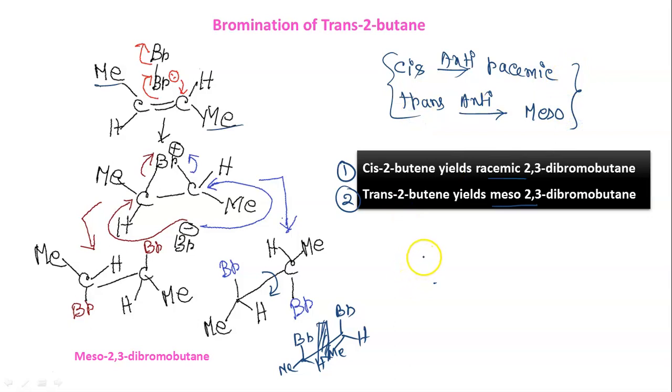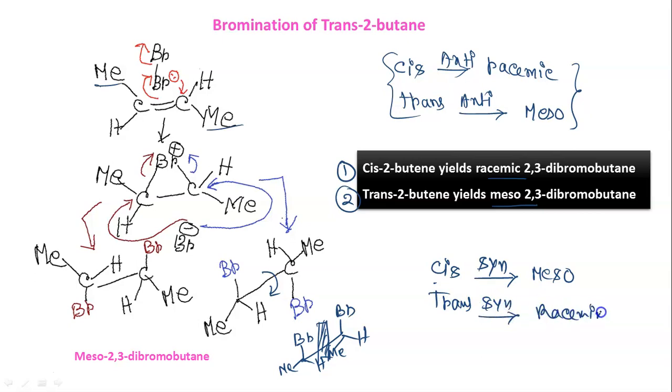Suppose in some other reaction, you are starting from cis and the mechanism is syn. In that case, you will get meso. And if it is trans and the mechanism is syn, then you will get racemic. So as if here cis and syn are both similar type, so that is why we are getting meso, and trans and syn are opposite, so we are getting racemic.